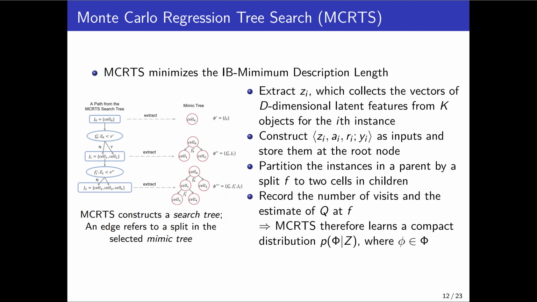By recording the number of visits and the Monte Carlo estimate of the Q function at the split F, the tree search algorithm learns a compact posterior distribution, capital Phi, or the collection of the mimic trees given the latent variable Z. The diagram shows that when the tree search constructs a search tree, an edge of this search tree corresponds to the split F in the chosen mimic tree as optimal.